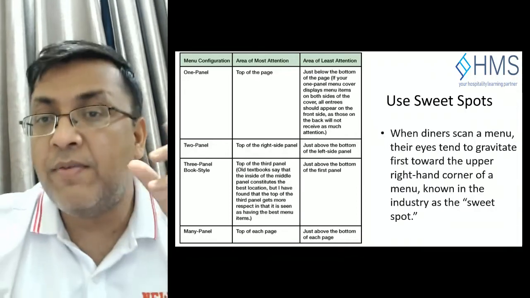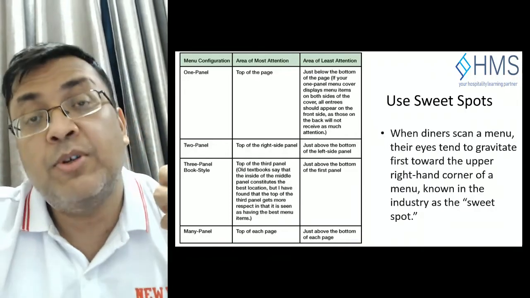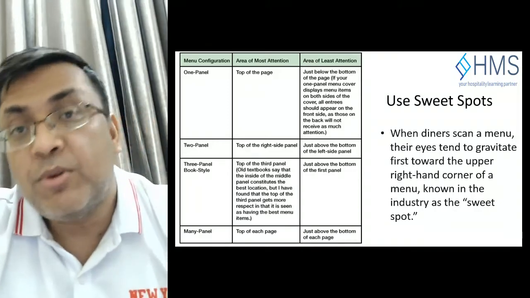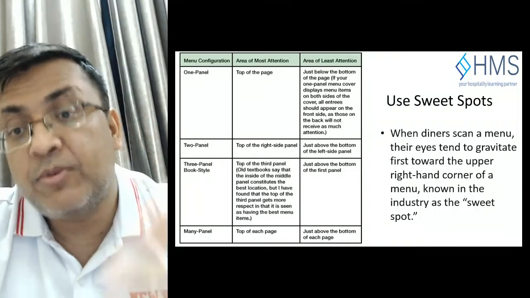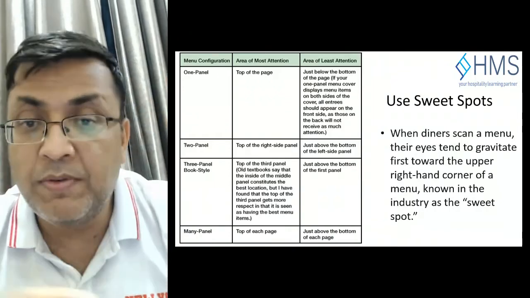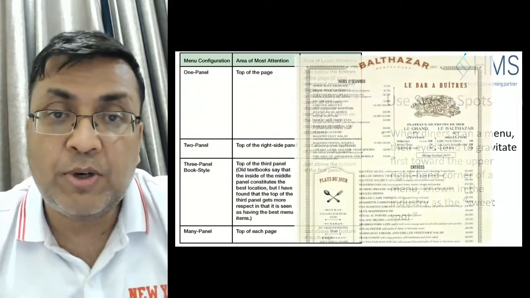We identify sweet spots because we want to feature our prominent items there: the best selling items, the most popular items, or the most profitable items which we want to upsell. So we want to put those items in the sweet spots.